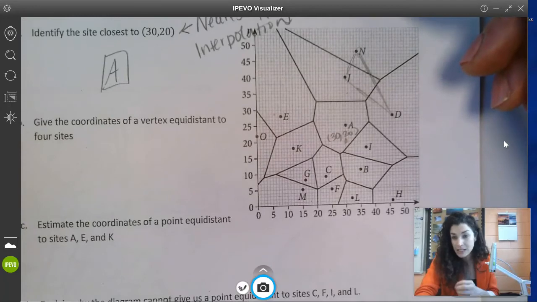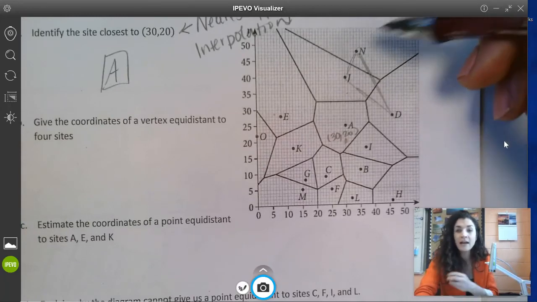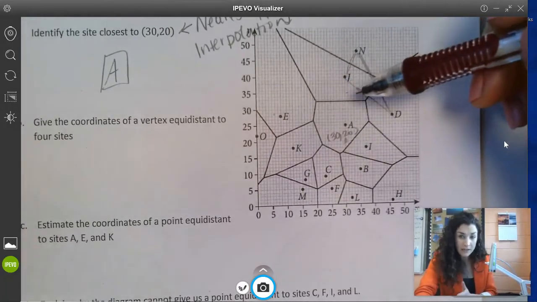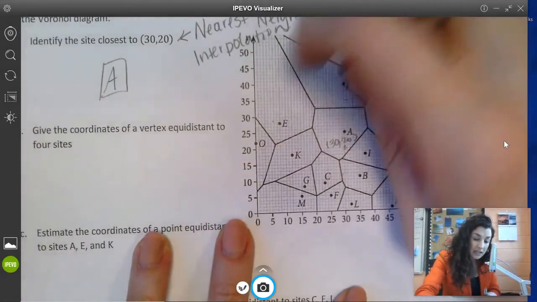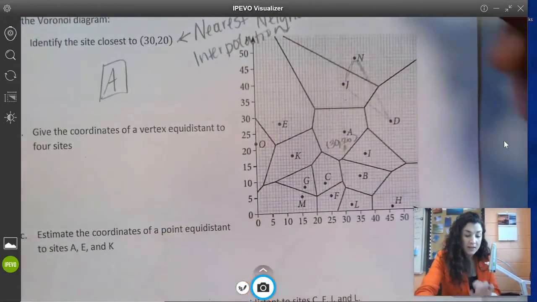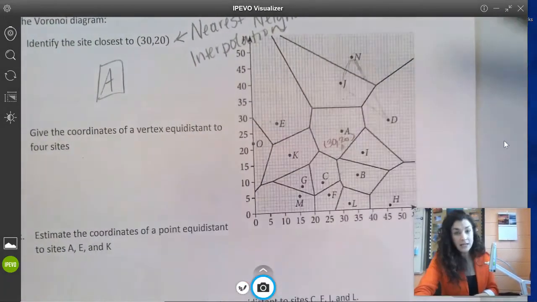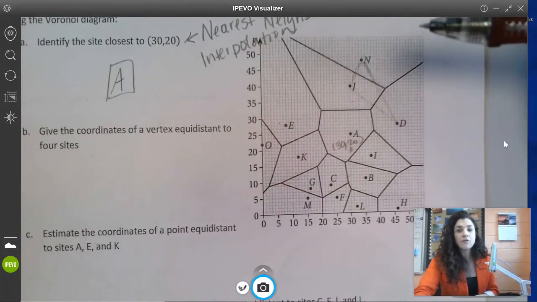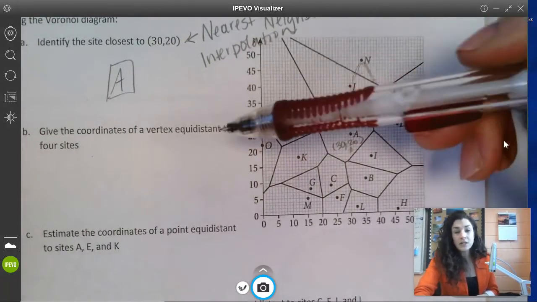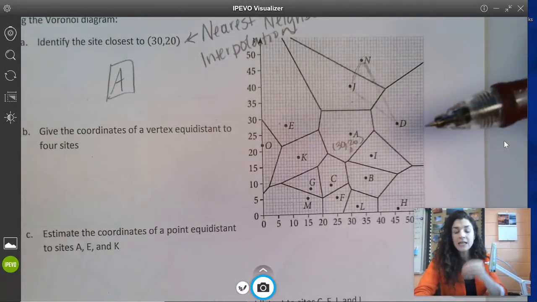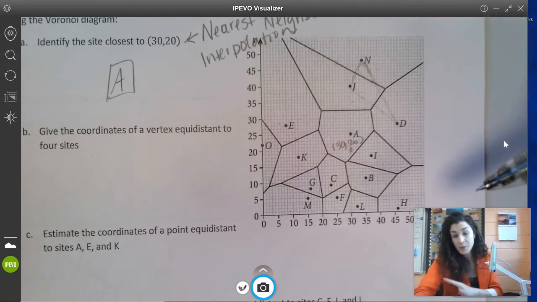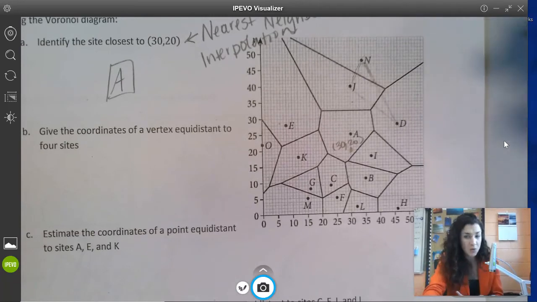It is guaranteed mathematically, it's proven, that for any 3 points, if you find the perpendicular bisectors between them, they will always meet at one point. So it's guaranteed that you will have points that are equidistant to 3 sites. But we're now looking for one that's equidistant from 4 sites. So we're looking for a place where 4 perpendicular bisectors intersect, which is abnormal.